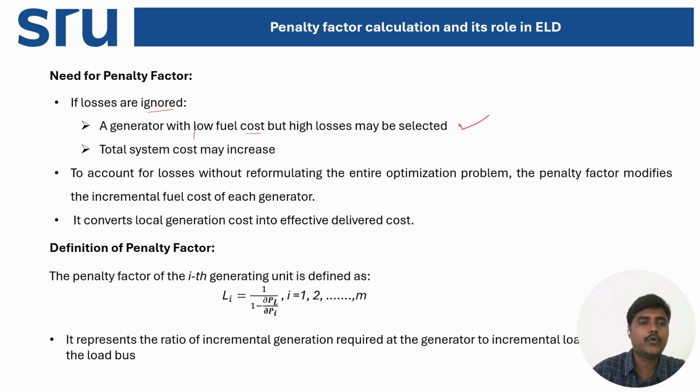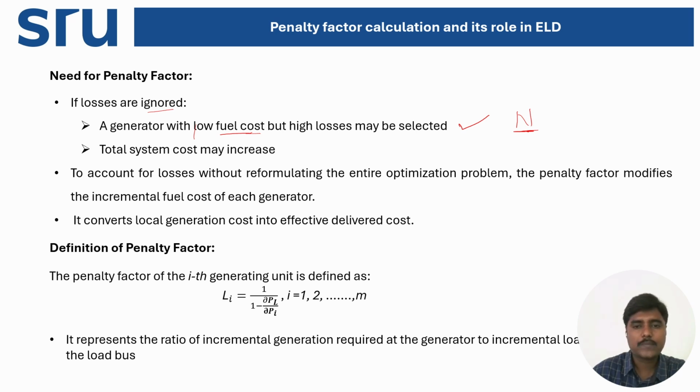And obviously, if there are n number of generators, the generator which has low fuel cost can be selected for higher generation. And if the losses are ignored, the total system cost may also increase. To account for losses without reformulating the entire optimization problem, the penalty factor can be taken as a useful parameter.